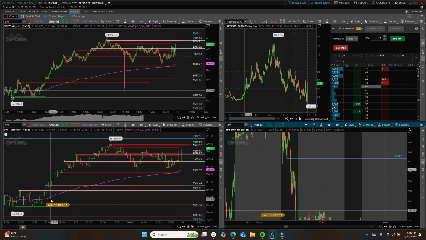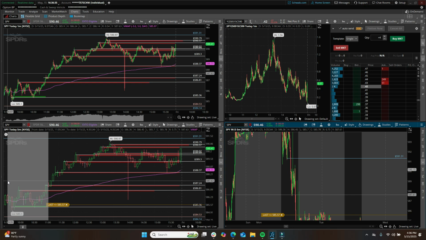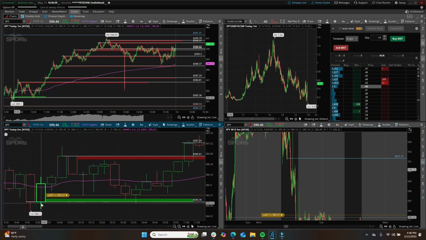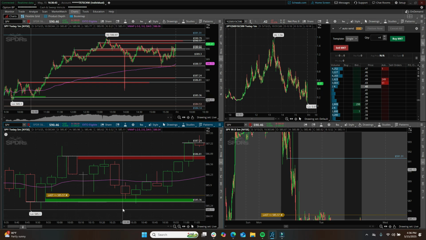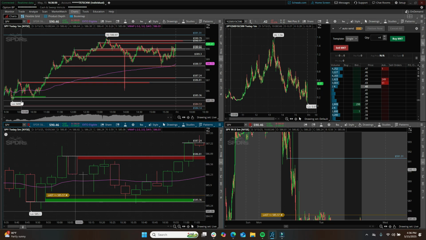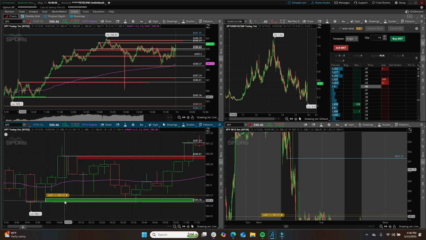I'm going to go ahead and kind of section off this part of the chart. When I came to the chart at around 10:30 this morning, this is what I saw: the major supply zone being here, and the major demand zone being here.